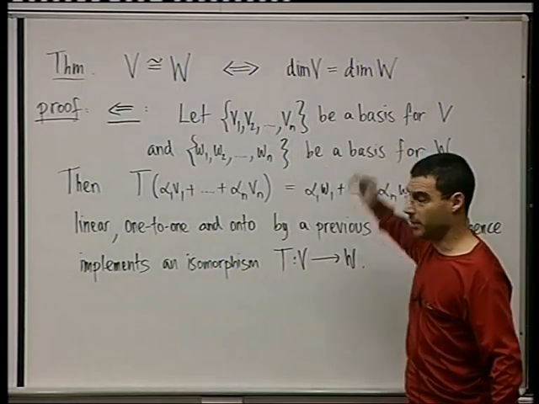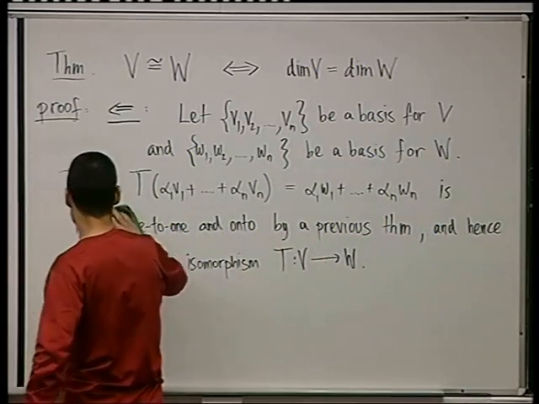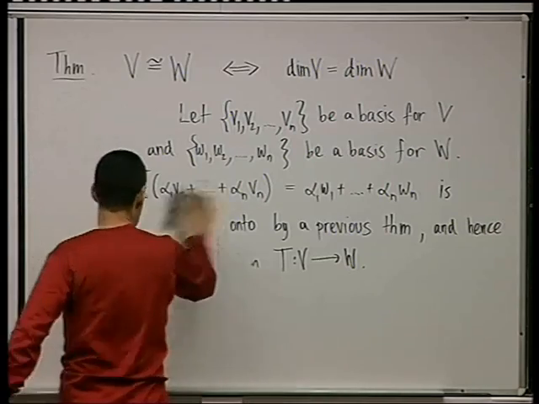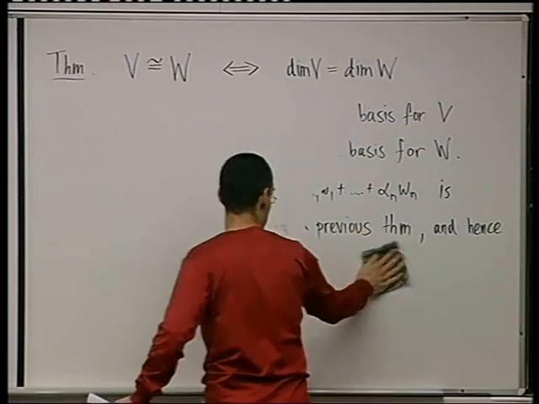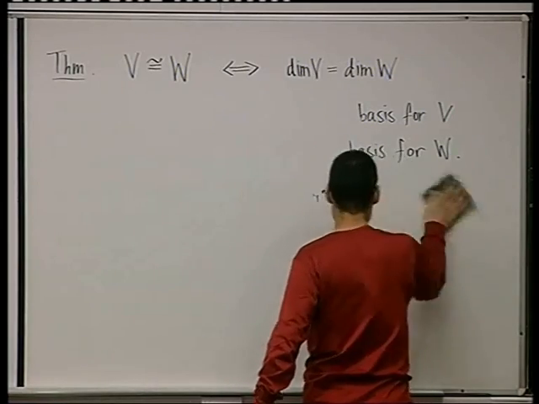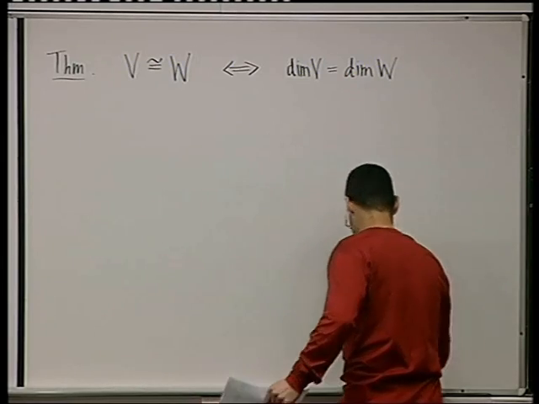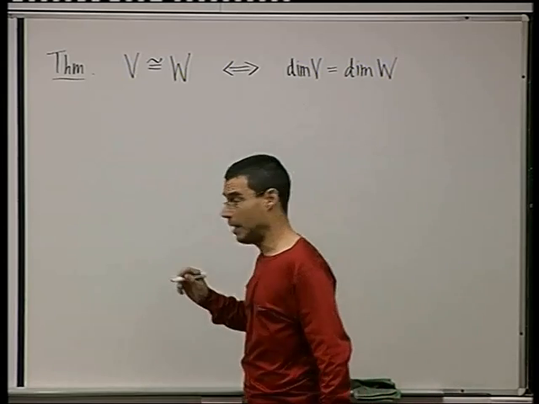A corollary of this fact, and let's erase the proof and write it, and this is really how we think of finite dimensional vector spaces. We've been using and saying a bit what I'm going to write as the corollary right now, but it wasn't completely formal, and now it is.